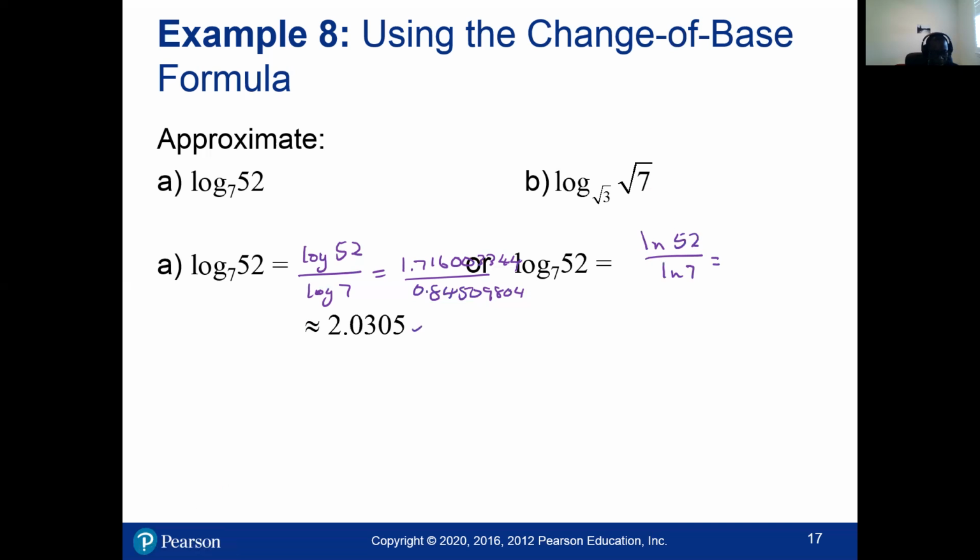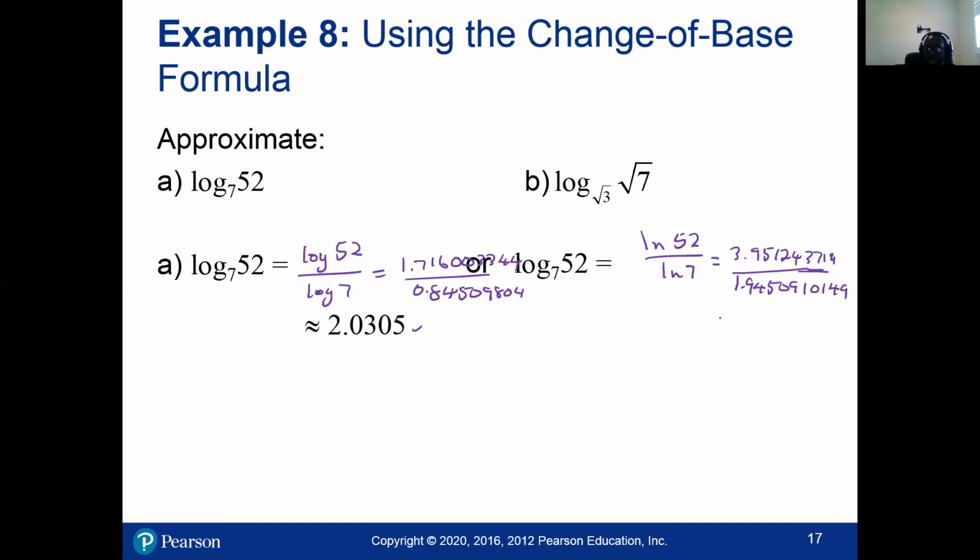On the calculator, I punch in natural log of 52, which will give me 3.951243719, divided by the natural log of 7, which is 1.945091049.